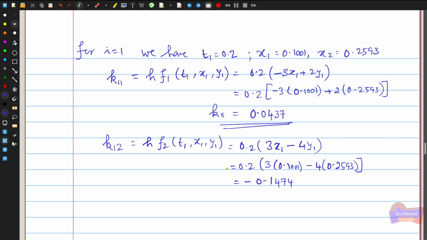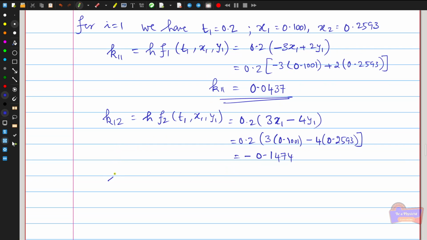Okay. Similarly, I can calculate k12, which is equal to h times the function f1 of t1 plus h divided by 2, x1 plus half times k11 and y1 plus half times k21.